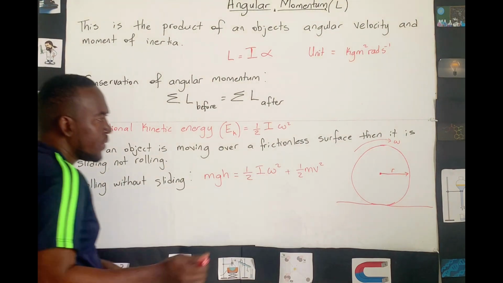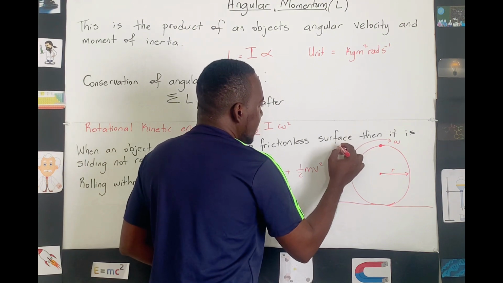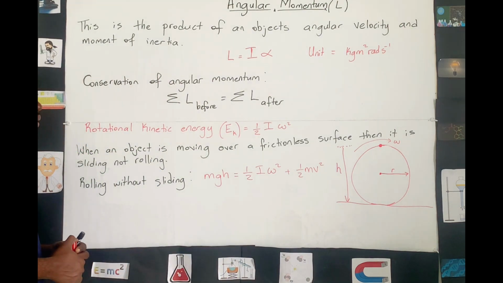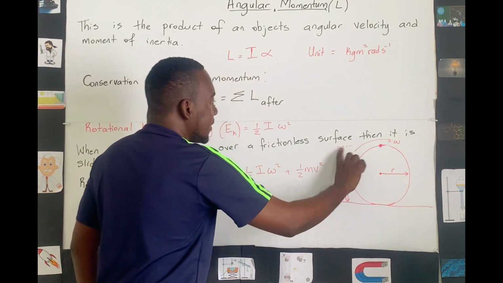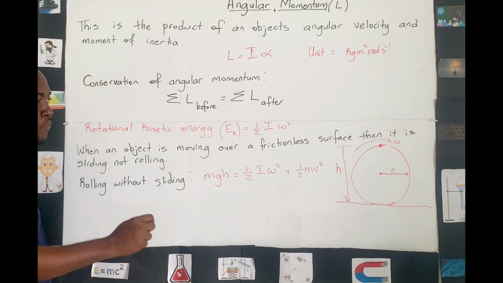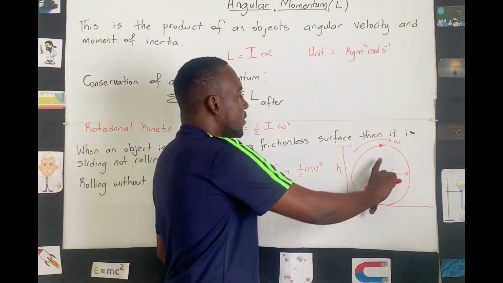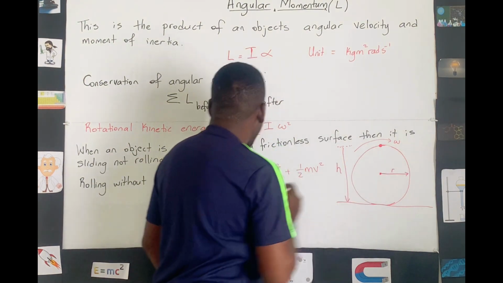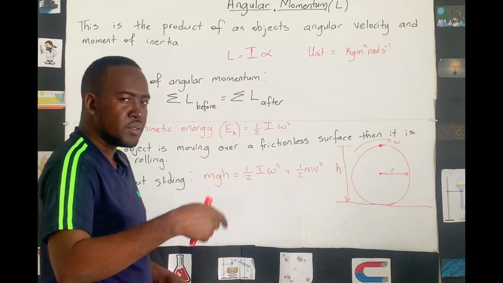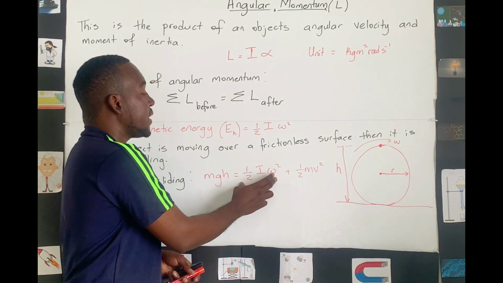If we take a point on the object to be here, this point would be a height above the ground. So here we have the height from the point where it's starting. Before the object is moving, it has potential energy at this point. That potential energy, mgh, will be converted into rotational energy, which we'll call the rotational kinetic energy, which is half I omega squared.